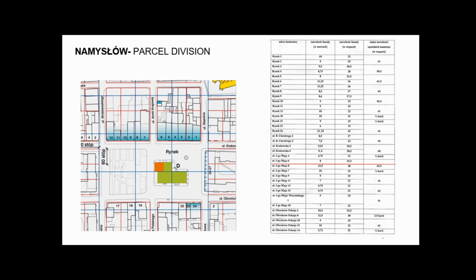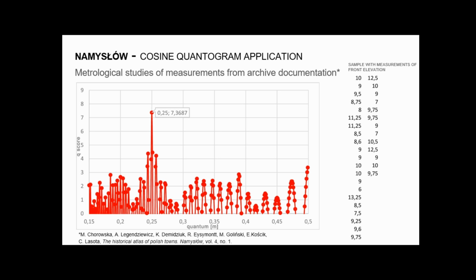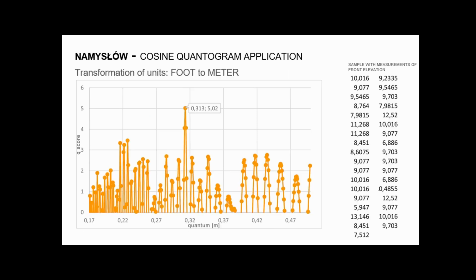We used first the data which were already calculated by the modular method. And unfortunately, I don't know exactly by whom, but this method shows that 0.25 meters is a quantum for this data. But the one who analyzed this by the modular geometrical method said that it's 0.31. So the results don't fit each other, even though it's the same data.